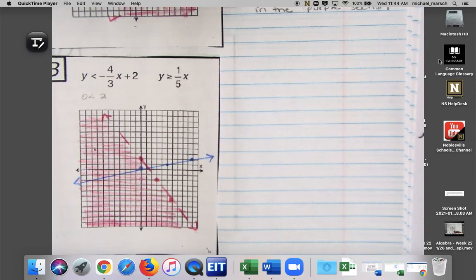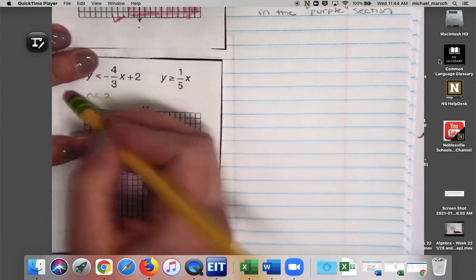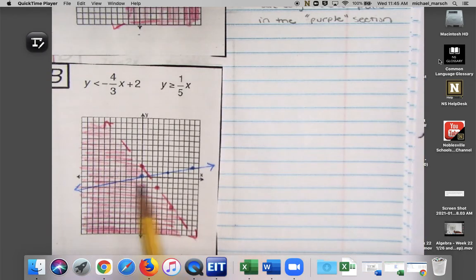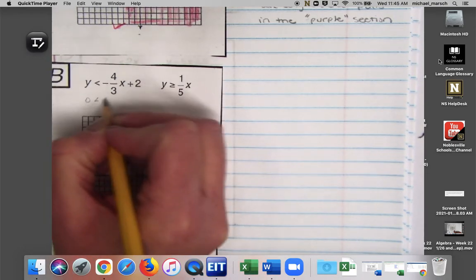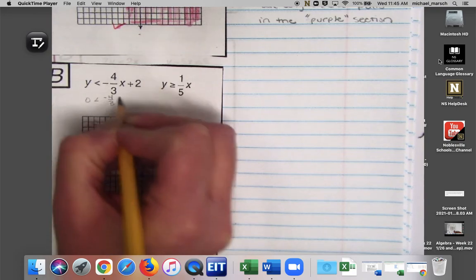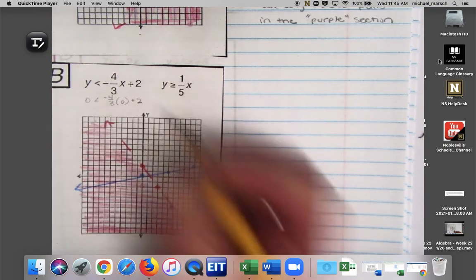So what we're doing is, I'm going to write this out a little bit here. I'm trying to test this ordered pair 0, 0. It doesn't help that it's on this blue point, but just pretend it has nothing to do with the blue line. If I test 0, 0 and it works, I shade toward it. If it doesn't work, I shade away from it. And zeros are just easy to do math with, right? So my ordered pair is 0, 0. So 0 less than negative 4/3 times 0 plus 2.